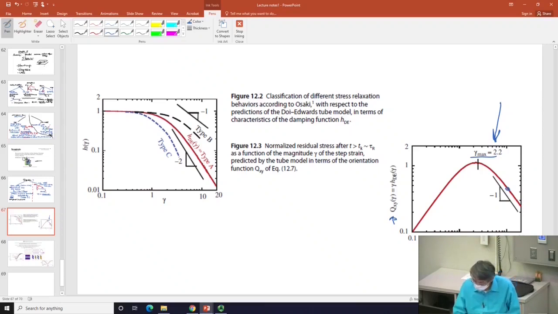Then it will produce this red line, which is the so-called famous Doi-Edwards damping function. And then I can reconstruct and find that at long times the stress will behave as this curve for different strands, okay?